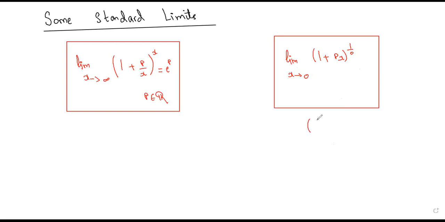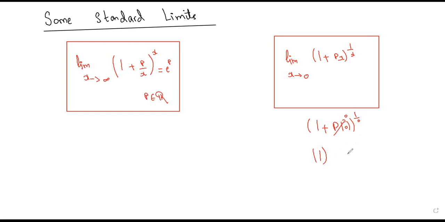So you can think about it as 1 plus, initially this is x, and then it would become 0. Okay, now we'll plug in the limit. So it would be p into 0, and then 1 by 0. So this would become 0. So we have 1 to the power, now 1 by 0.